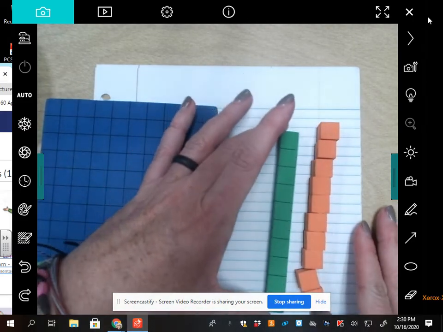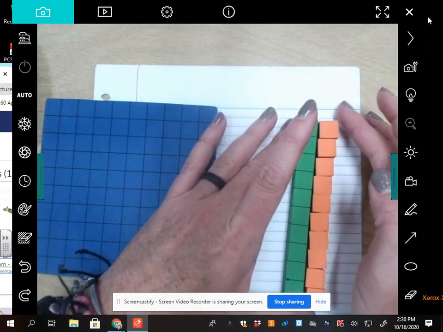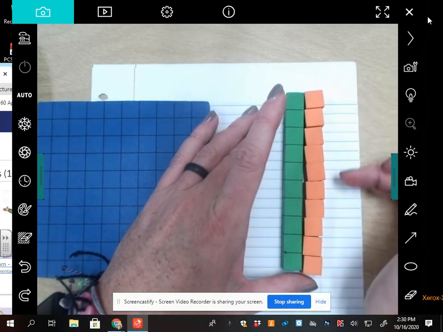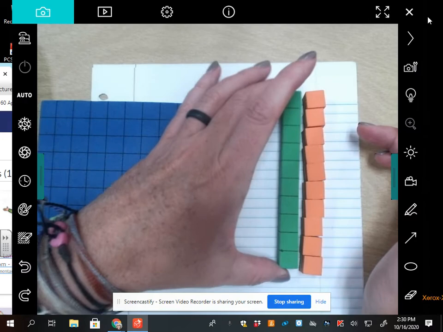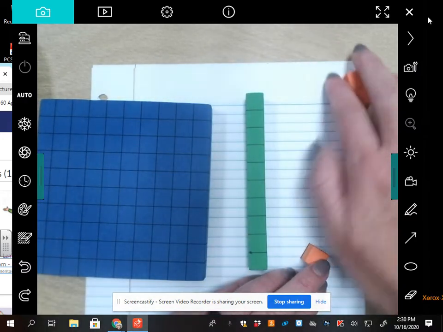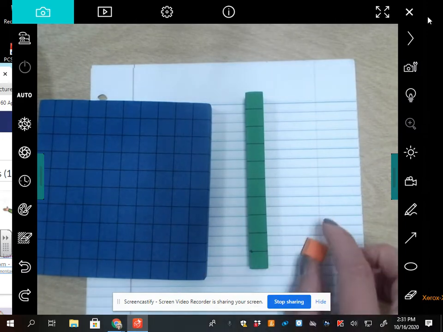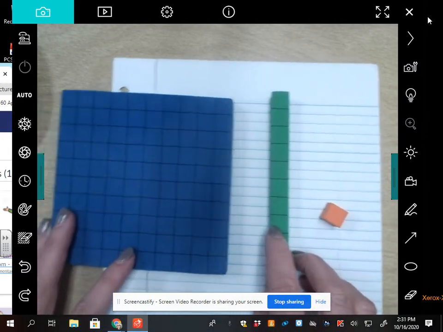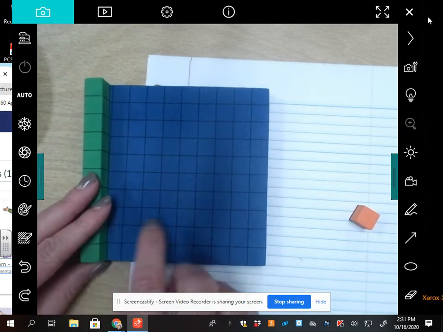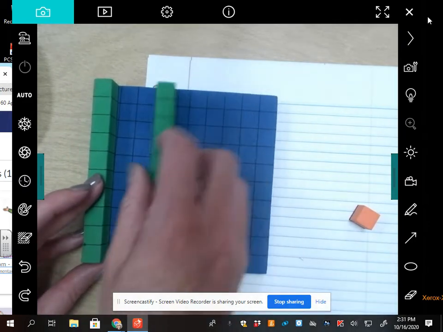We can see that 10 ones is the same as 1 ten. Okay? So when we get to 10 ones, we're going to make a 10 stick. Okay? So we've got those sticks. If I took 10 of these sticks, I could line them up right on top of this block.